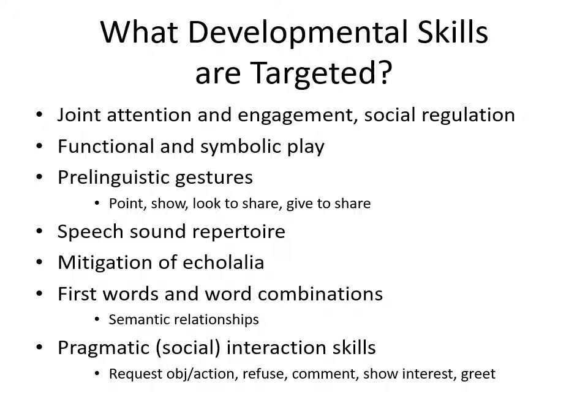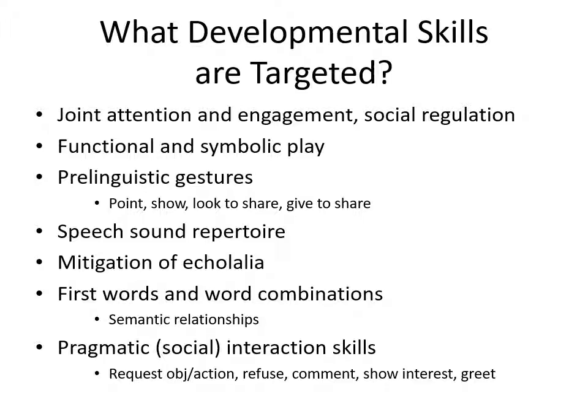So what developmental skills are targeted in developmental relationship-based programs? Well, it's a lot of targeting of joint attention, engagement, play, different kinds of gestures, speech sounds, echolalia, using echolalia and building on echolalia for communication purposes, first words and word combinations, and lots of work on pragmatic or social interaction.